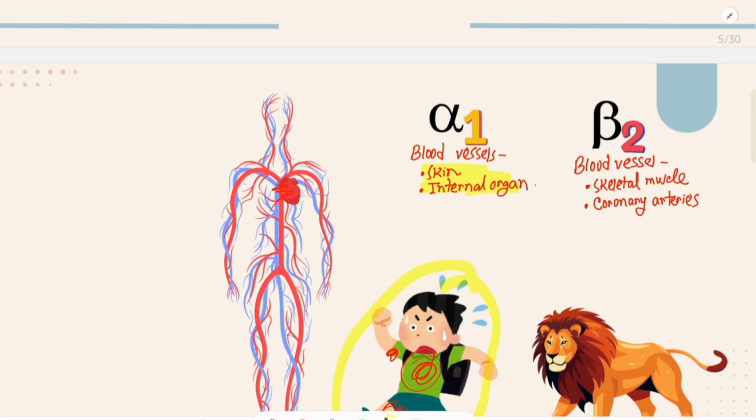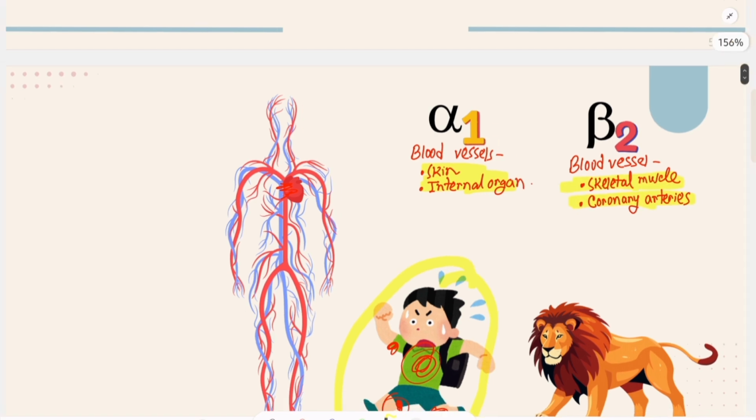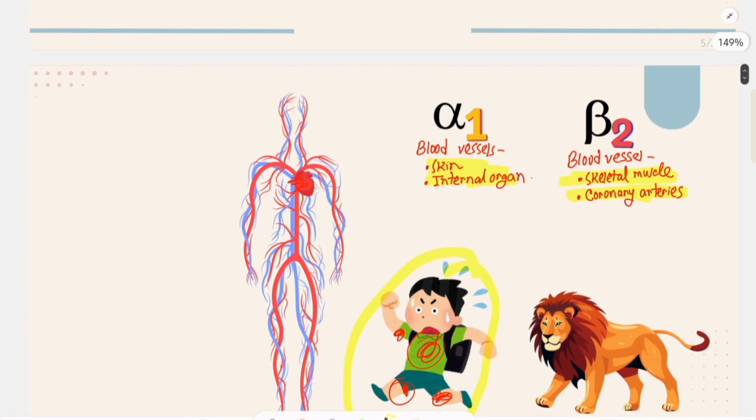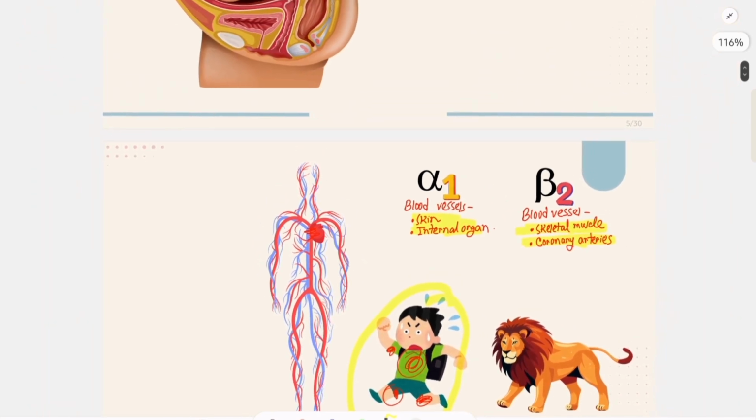This blood is shifted to heart and muscles so that the person can run quickly. So alpha 1 receptors are more in the skin and internal organ, whereas beta 2 receptor are more in the blood vessel of heart, means coronary arteries and skeletal muscles. So this is the effect of the sympathetic system on blood vessels.